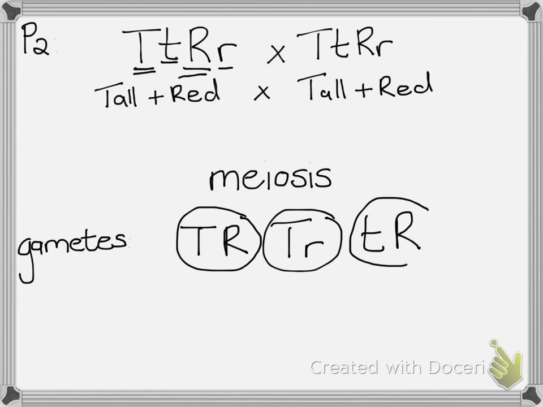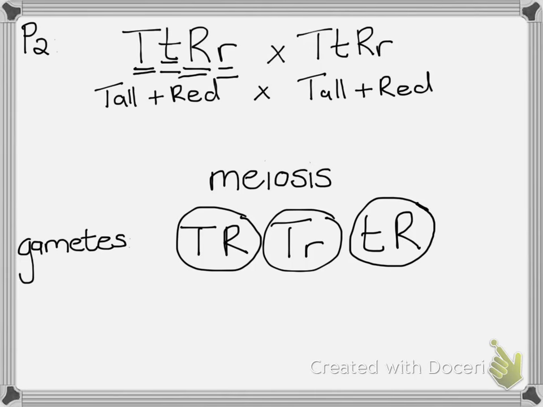A common question is, which letter do we write first? Do we always write the capital letters first? You don't always have to write the capital letters first. Effectively just use the ordering that they've given you in your test or in your exam.